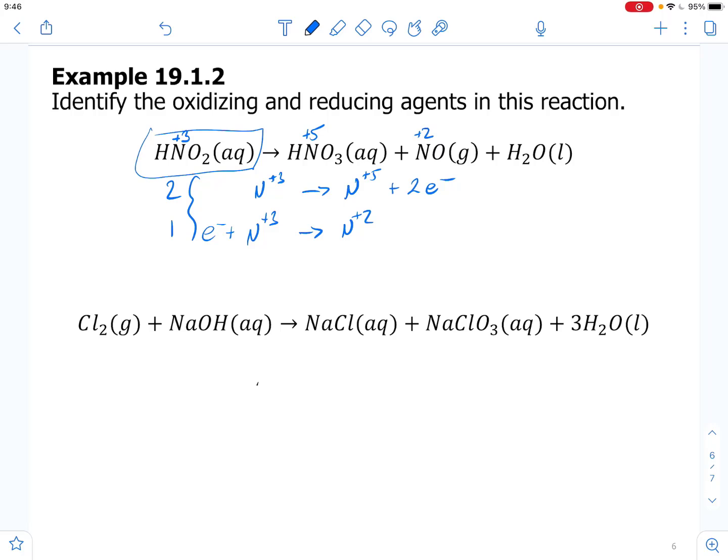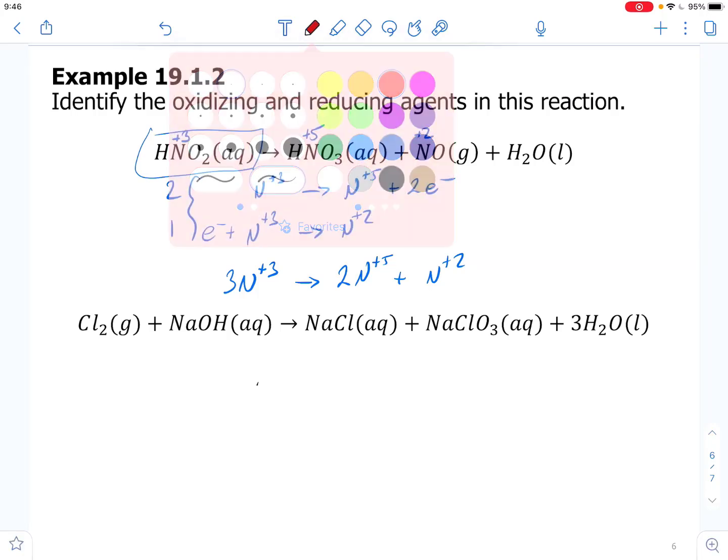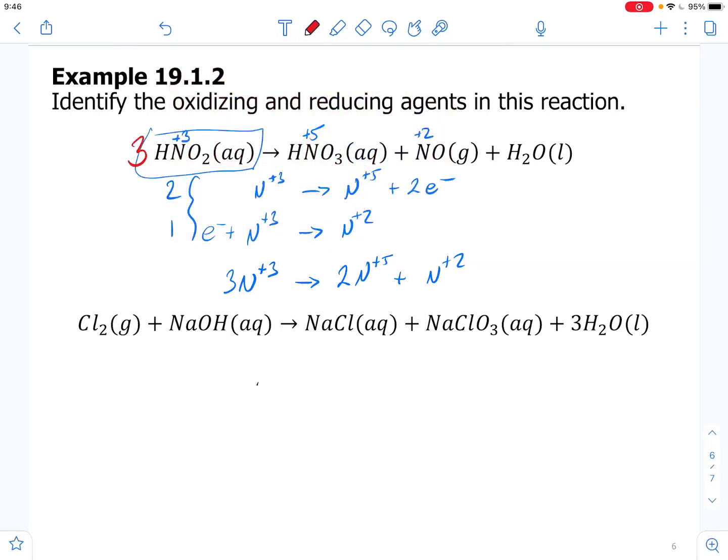Alright, that means you will have a combined 3 nitrogen +3 going to 2 nitrogen +5 plus 1 nitrogen +2. So your balancing numbers are 3 nitrous acid, 2 nitric acids, and then just 1.